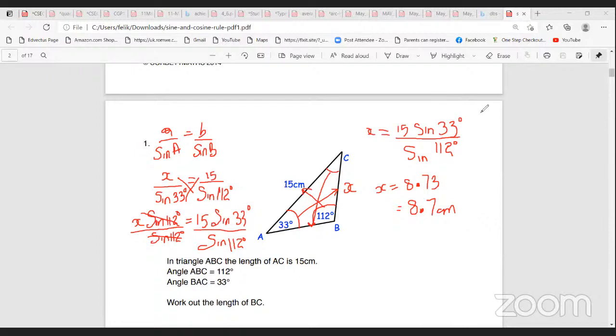Only two persons checked this answer. What happened to the other persons? Please check the answers. I need to hear from you or you type in the chat.